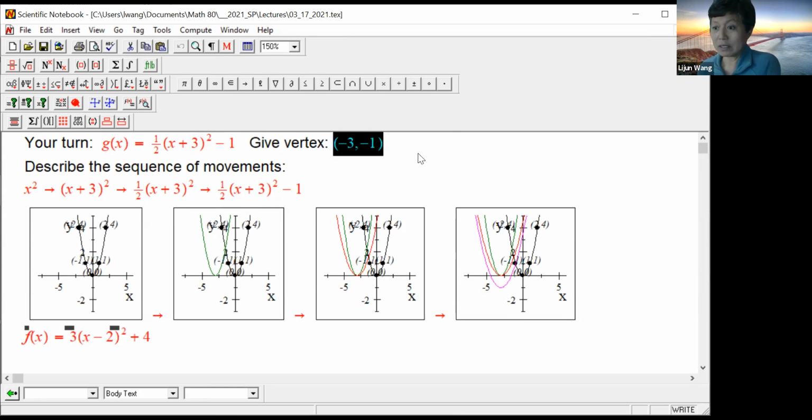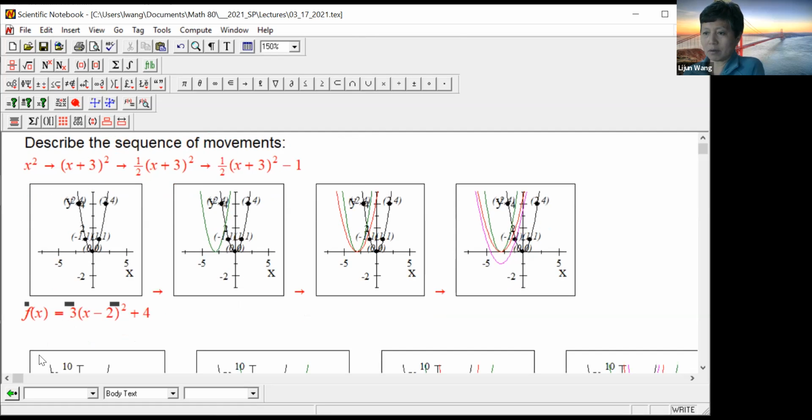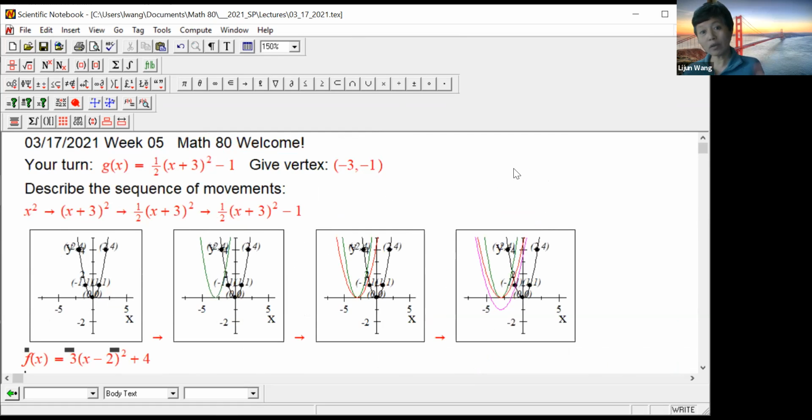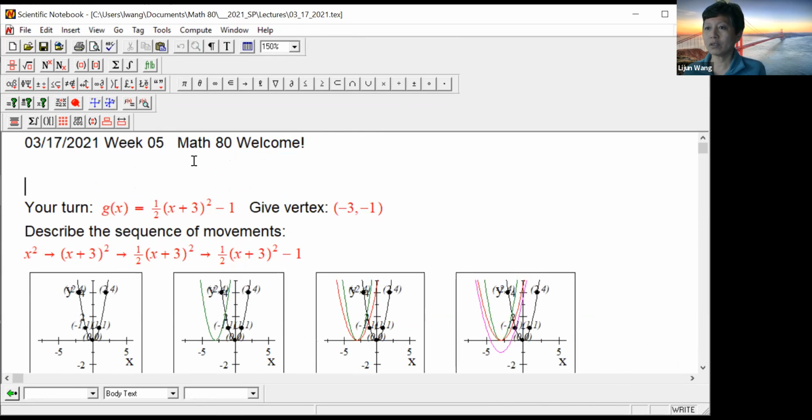If this is easy for everybody, that's great. But we do want to summarize some stuff. Next, we're going to take all of this we have learned now and look at this ultimate quadratic function, which is ax squared plus bx plus c, where a is not 0.